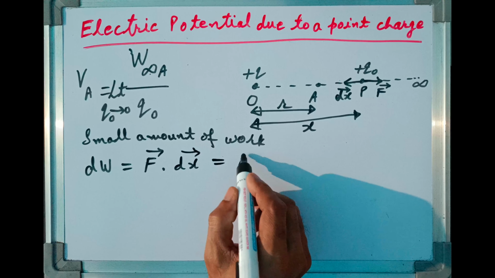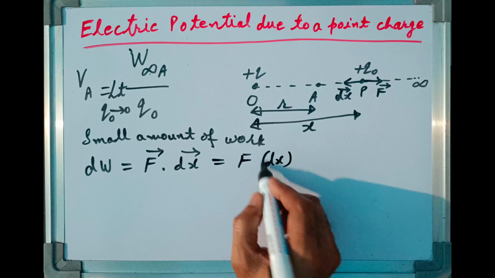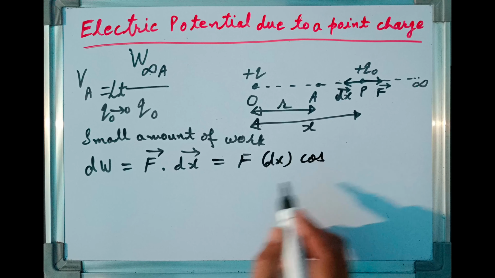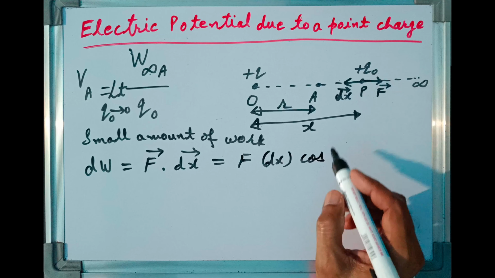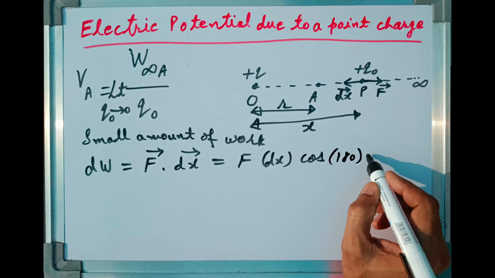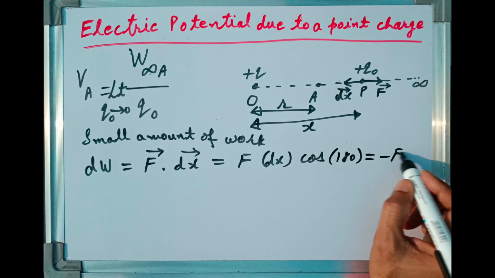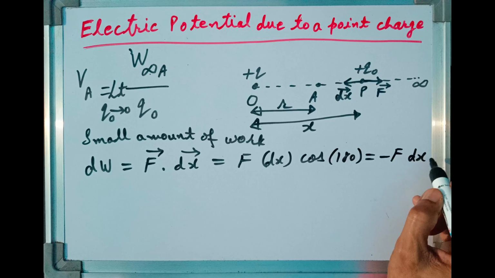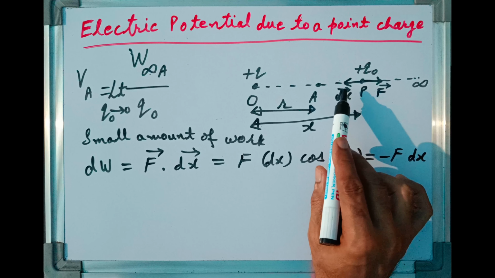And it can be solved as a vector dot b vector as ab cos theta. In this case, the angle between this vector and this vector is 180 degrees. So I will write cos of 180 degrees, and cos of 180 degrees is minus 1. Answer is minus F dx. So this is the small amount of work done during small displacement dx.